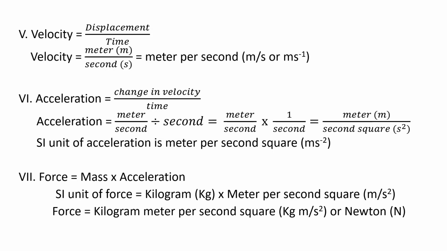When we look into details, especially when it comes to force. The eighth example is work. The formula for finding work is force times distance. Force times distance. You have learned that force is Newton or kilogram meter per second square.